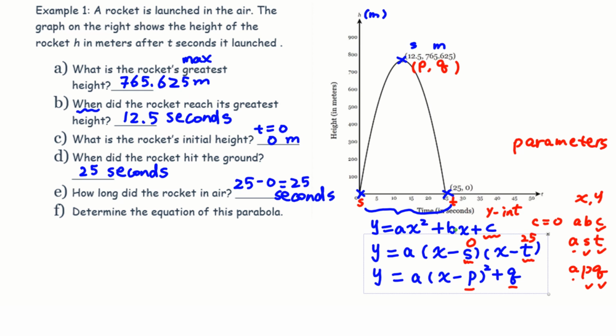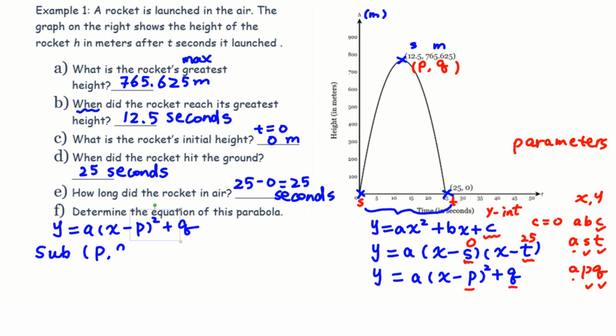We are going to use the vertex form. In this equation we have 5 variables: y, a, x, p, q. We want to substitute 4 given values into this equation.